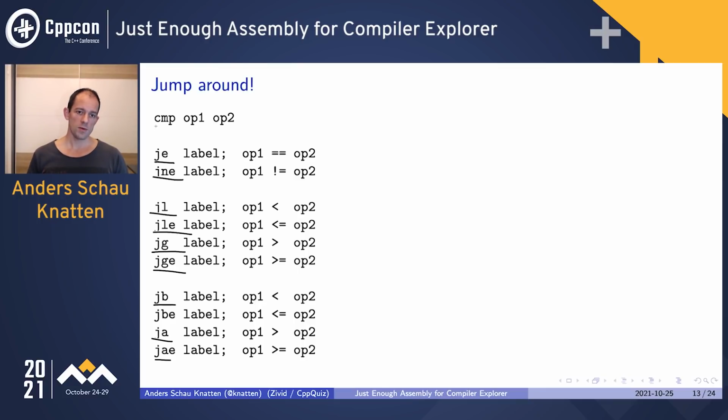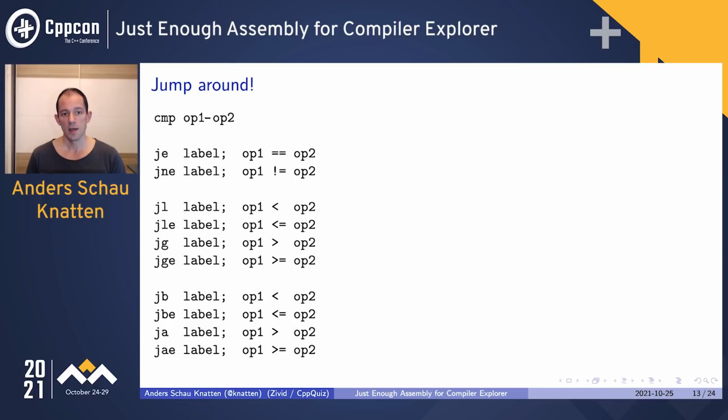And how does the compare instruction really work? Like I just said, it compares them and stores away some metadata. The comparison is actually just subtract. So it's going to subtract the second operand from the first. So CMP op1, op2 is basically doing operand 1 minus operand 2. If these are equal, then the result of that subtraction will be 0, and then the zero flag gets set.